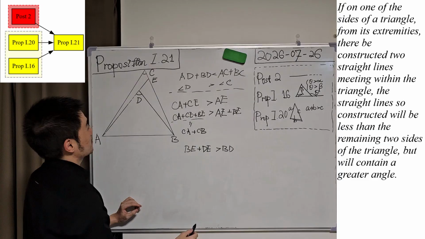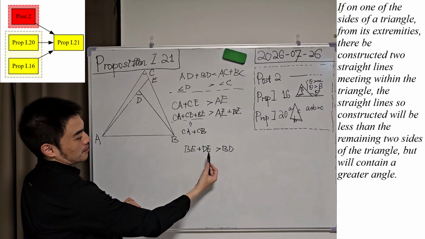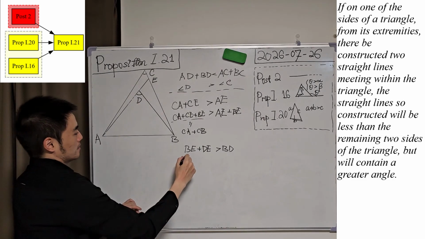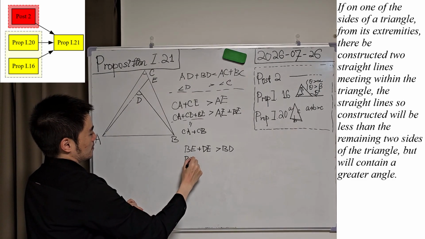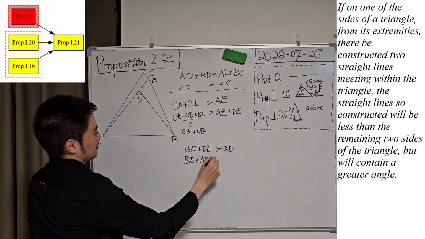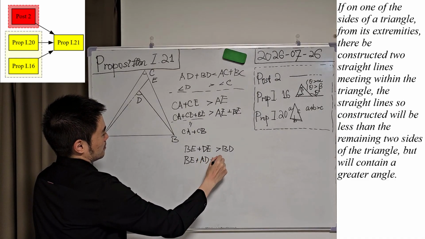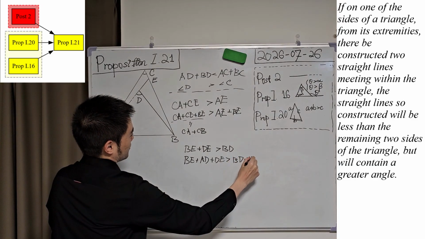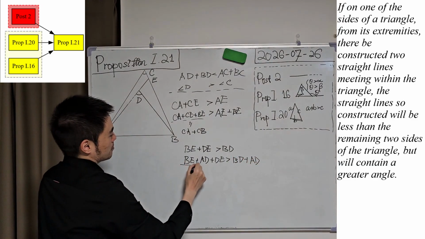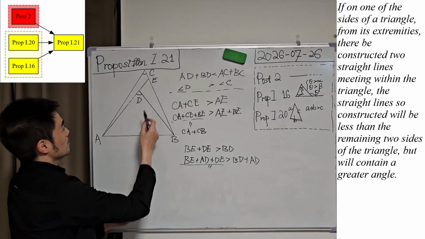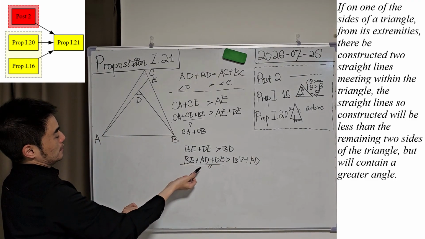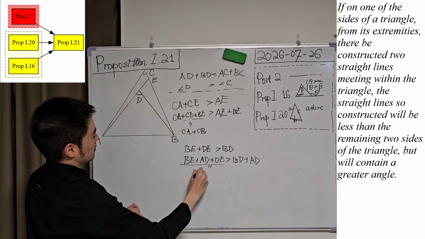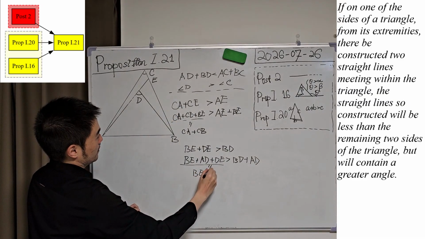And similarly, let us add the same thing to both sides of this inequality. This time, we add AD. So BE plus AD plus DE will be greater than BD plus AD, right? And this is equal to BA, which equals BE plus AE, right?